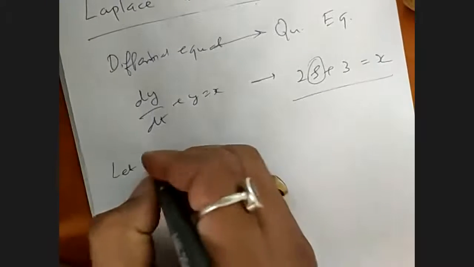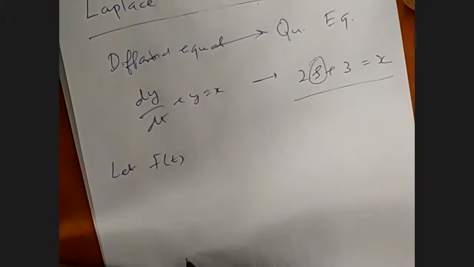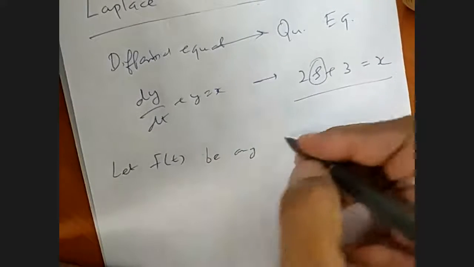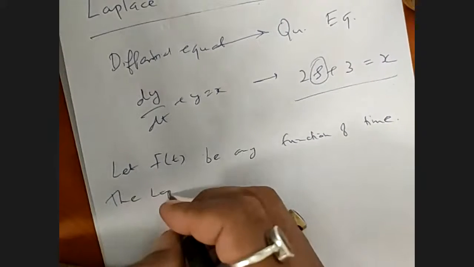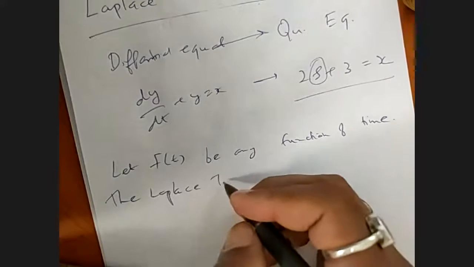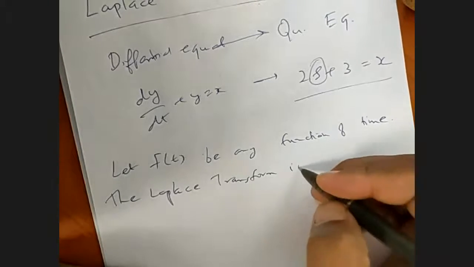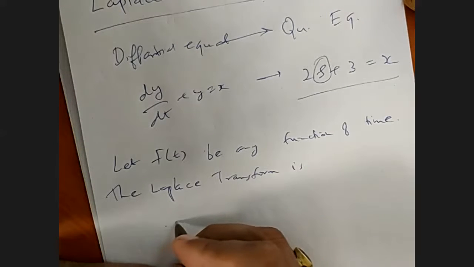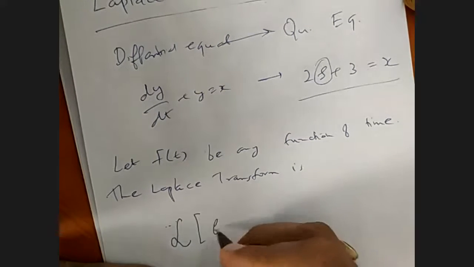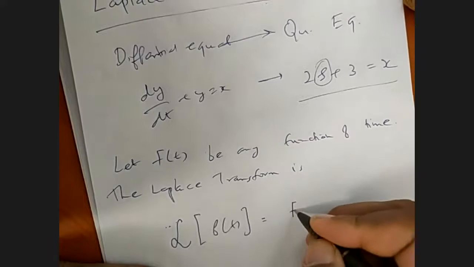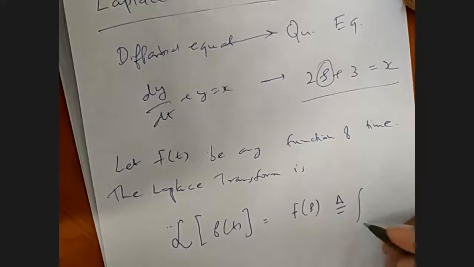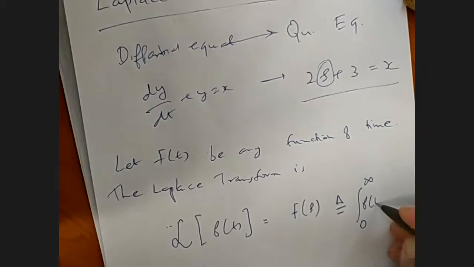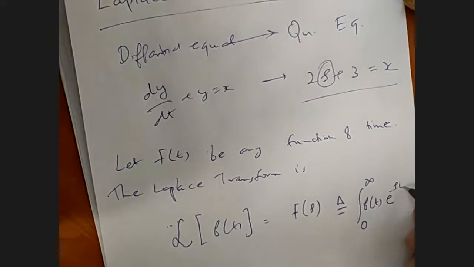So let f(t) be any function of time. The Laplace transform of f(t) will be F(s), and that is generally referred to as integration from 0 to infinity of f(t) e raised to power minus st dt.